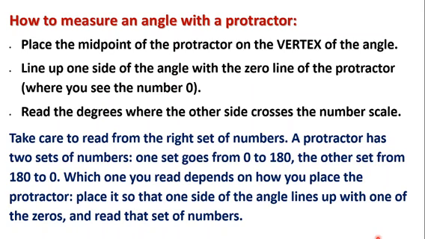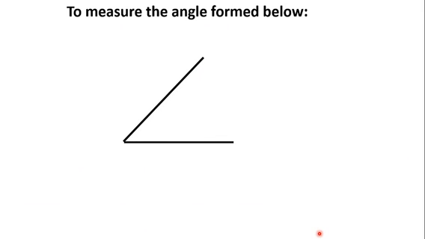So place it so that one side of the angle lines up with 0, and then you read that particular scale. Okay, so if one side of the angle aligns with 0 in the inner scale, then you are reading the inner scale, and if one side is aligned to 0 on the outer scale, you are reading the outer scale.